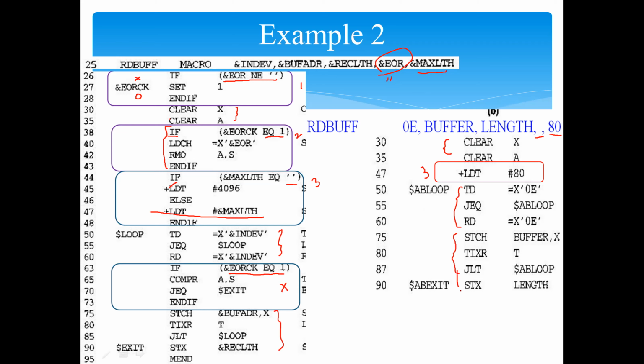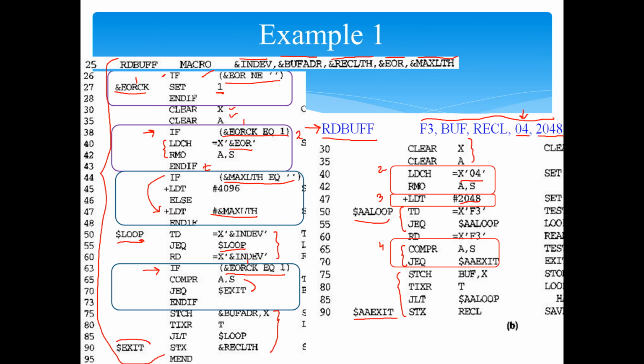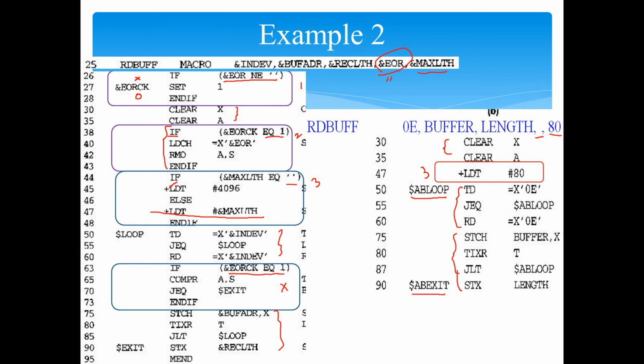And one more point here, look at the loop variable. It is now changed to AB loop, because this is the second time the macro is invoked. The first time when it was invoked, it was AA, and the second time now it became AB. So in both the places, wherever you have loop and exit coming, it has been generated as a unique label in such a way.